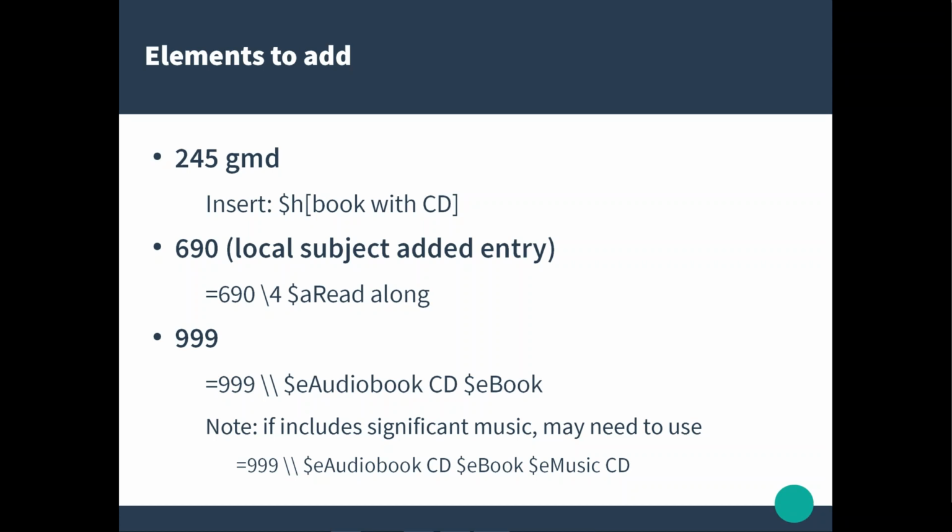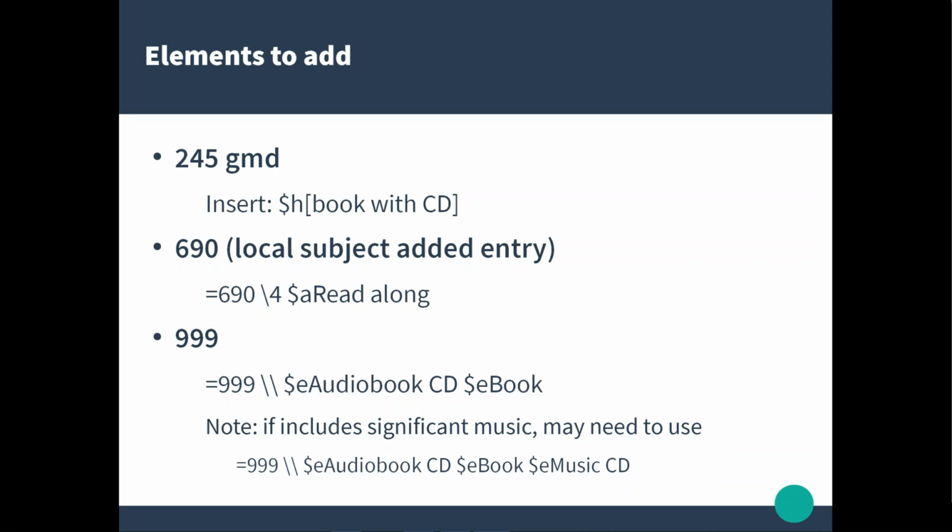So for instance, if you choose record type J, it might be important to then also include music CD. But even with the Carnival of Animals, that last example that we had, even though we said we're choosing a type I record, here we might also add a subfield E, because we have the whole orchestral piece in there, so that might be something that you want to add as well.